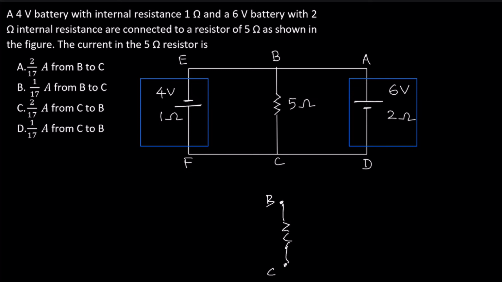We have the 5 ohm resistor here. Now there is a battery that is going to come here. We don't know the polarity. Right now the 6 volt battery has its positive polarity facing upwards. We don't know what will happen here, but there will be some internal resistance.